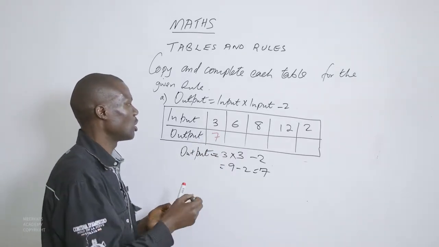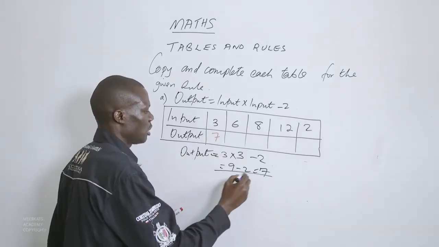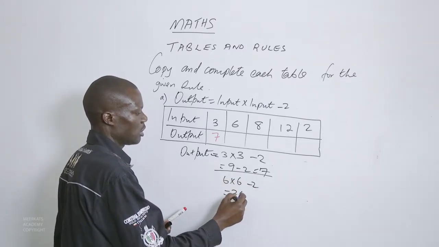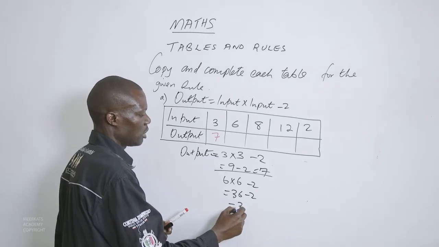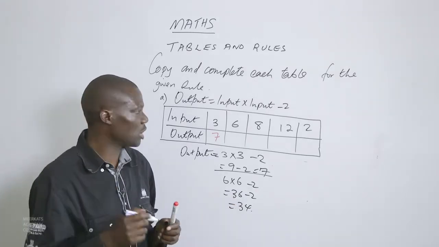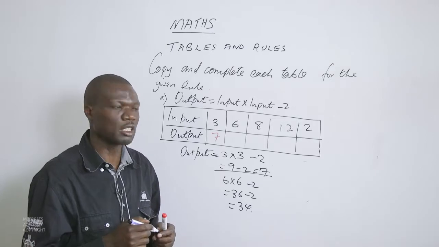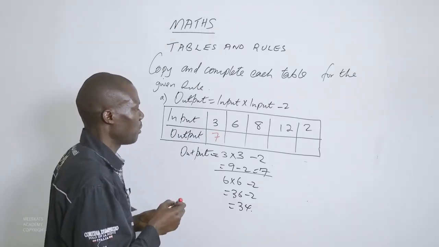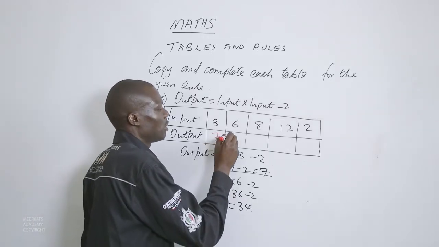Second box, it is going to be 6 times 6 minus 2, which is 36 minus 2, which is 34.